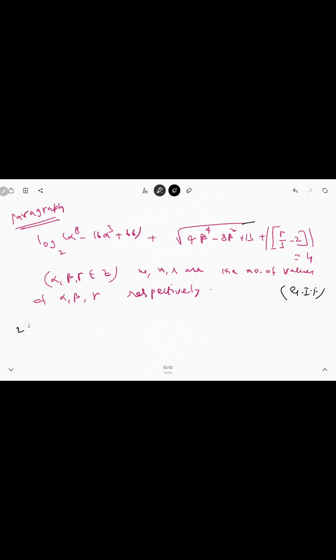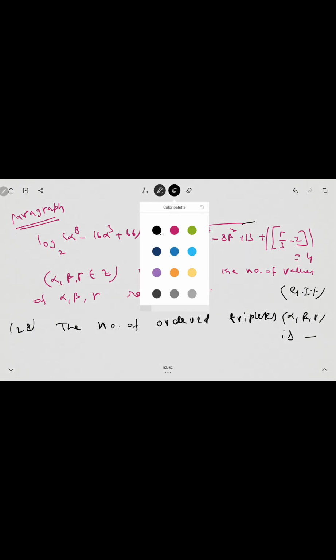So question number 28, the number of ordered triplets alpha, beta, gamma is dash. Afterwards I'll give 29th question. First of all, find about alpha, beta, gamma. From this only I'll do.